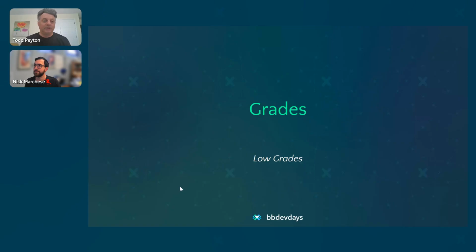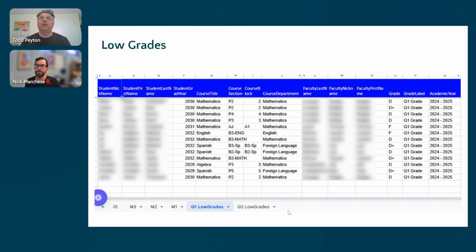Well, what we've done, through Sky API and an advanced list and a Google Sheet, is we've given that to them. This is just one advanced list, and it's a grade advanced list. If you look along the bottom, I think we have 8 grading periods, so it's eight advanced lists, one for each grading period.